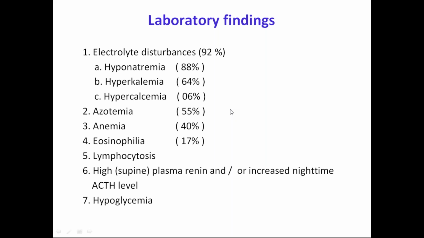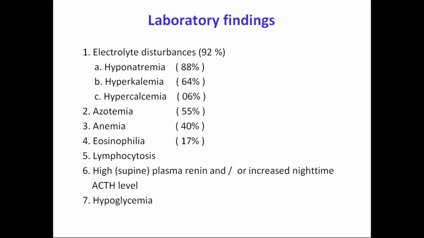Lab findings include electrolyte disturbance: hyponatremia, hyperkalemia. I told you aldosterone causes sodium and water retention and potassium and H+ excretion. So if aldosterone is in excess, it causes hypokalemia. If aldosterone is deficient, it causes hyperkalemia. So hyponatremia, hyperkalemia, hypercalcemia, azotemia, anemia.